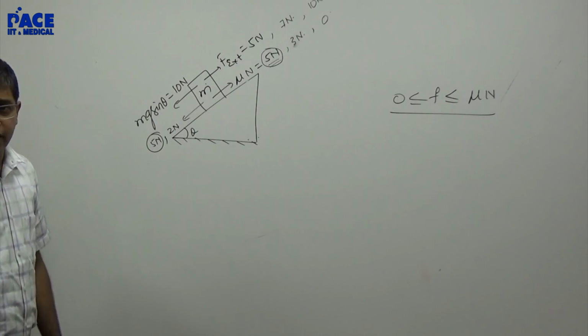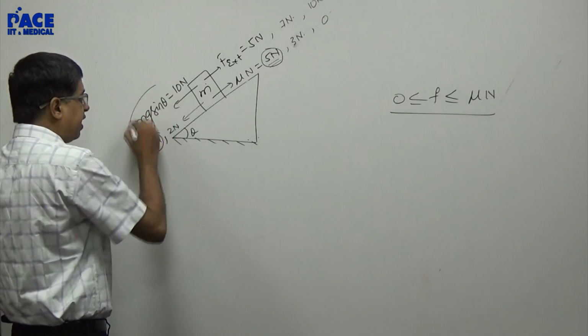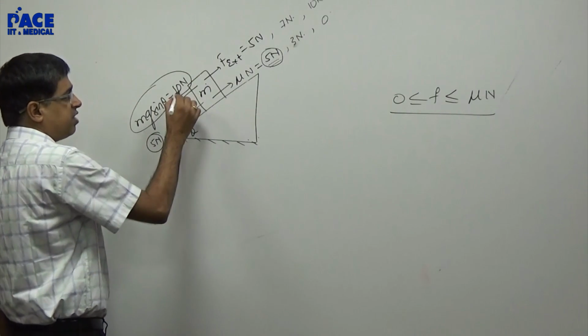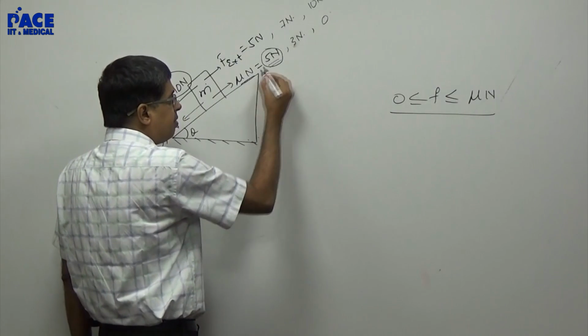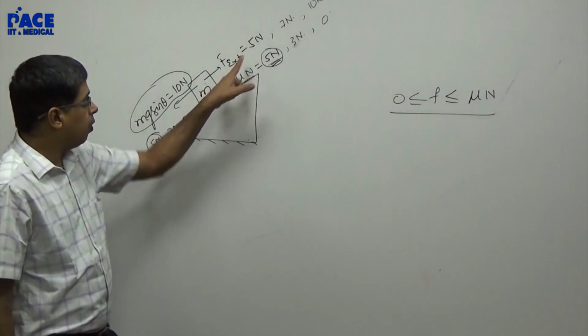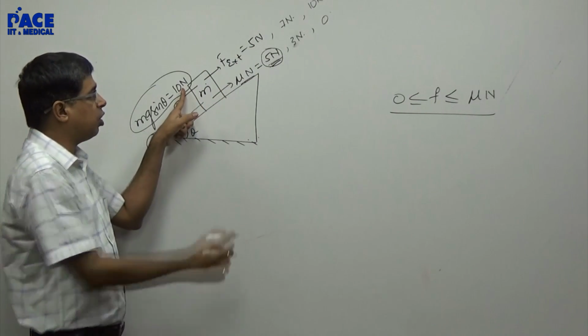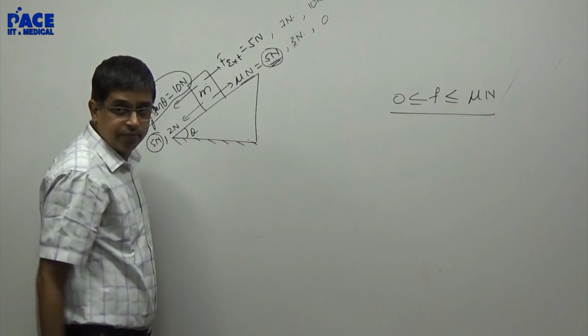I repeat the logic, please pay attention. I have numerically taken a value of mg sin theta as 10 and maximum limiting friction as 5. Now, if I apply an external force of 5, the block will be at rest because 10 is equal to 5 plus 5.